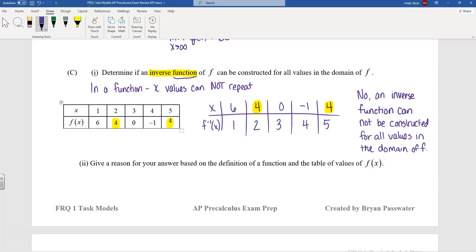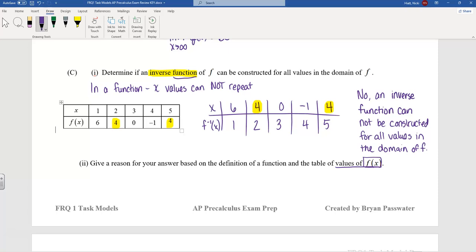In this case, you need to talk about the definition of a function and the values of f of x. You have to give specific values. So you can't just say there's a repeated x value or repeated y value. You have to give specifically what those are. It also talks about the table of the values of the function f of x that you're supposed to be talking about.